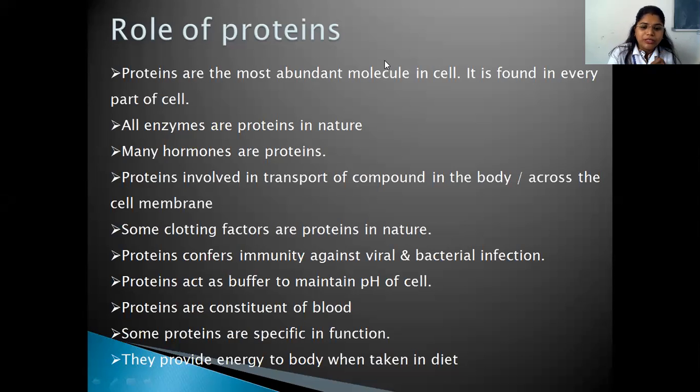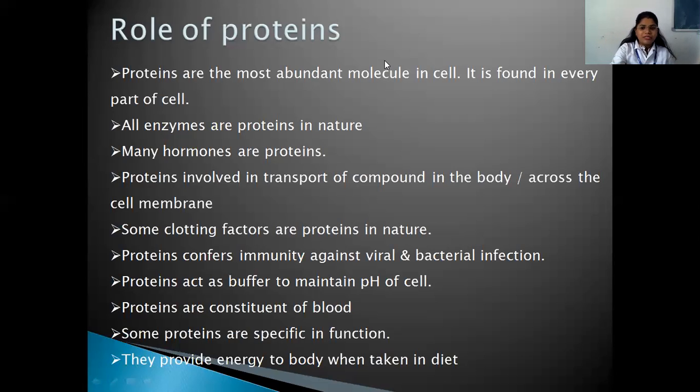That fibrinogen is also proteinous in nature, so some clotting factors are proteins. Then proteins confer immunity against viral and bacterial infection, because the immunoglobulins and antibodies responsible for immunity are proteinous in nature.